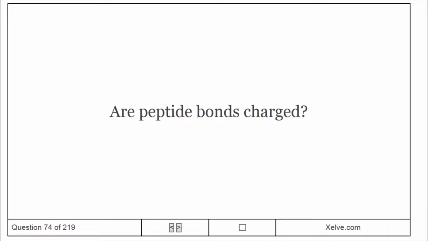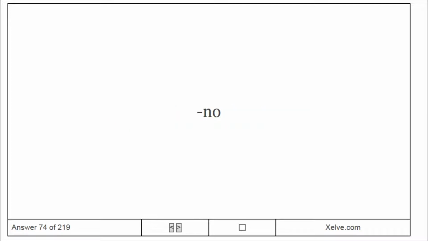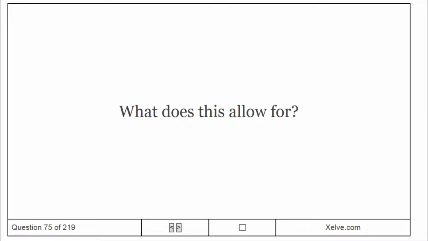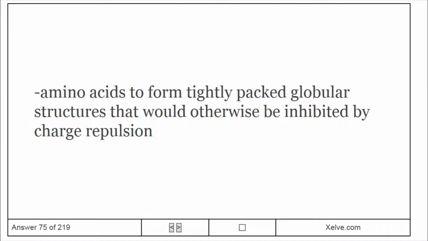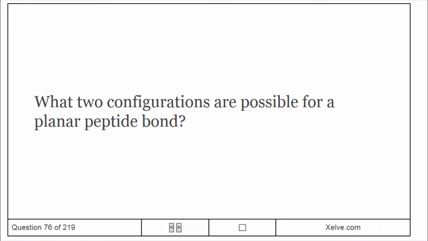Rotation about the peptide bond. Are peptide bonds charged? No. What does this allow for? Amino acids to form tightly packed globular structures that would otherwise be inhibited by charge repulsion.